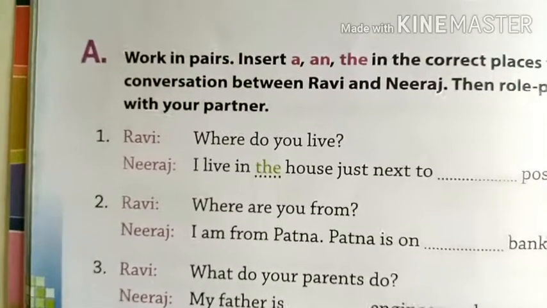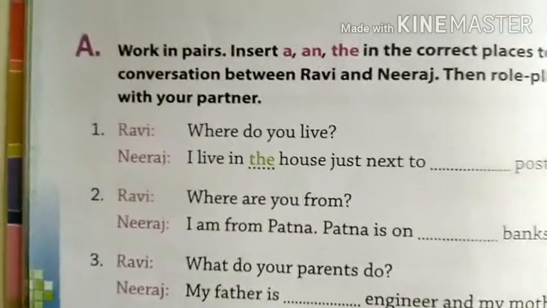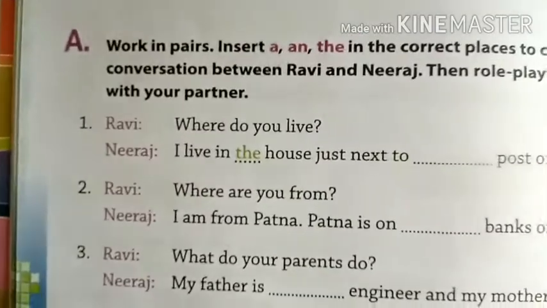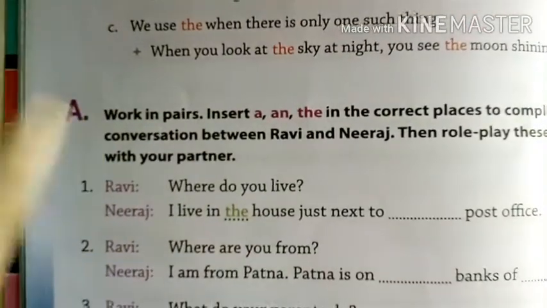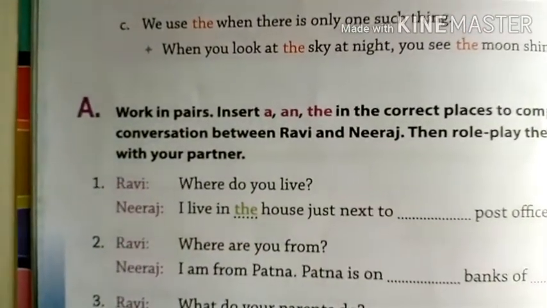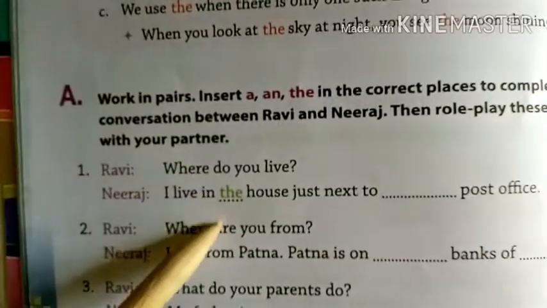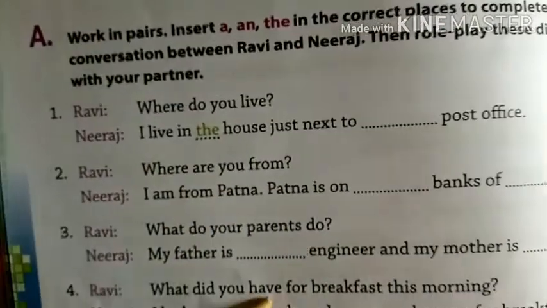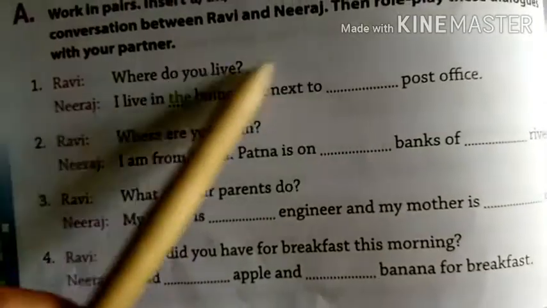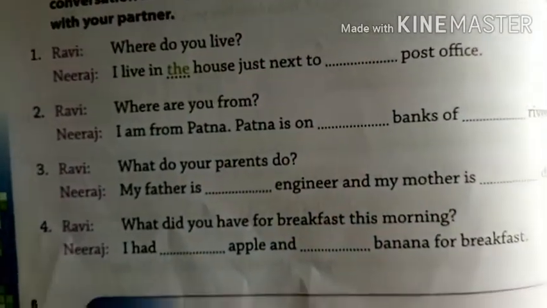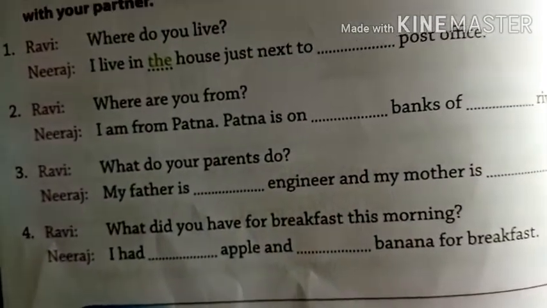Student, you open your textbook, page number 6, and here question A, pairs, insert a and the. Here use the articles a and the and complete these sentences. Then you open your page number 7.